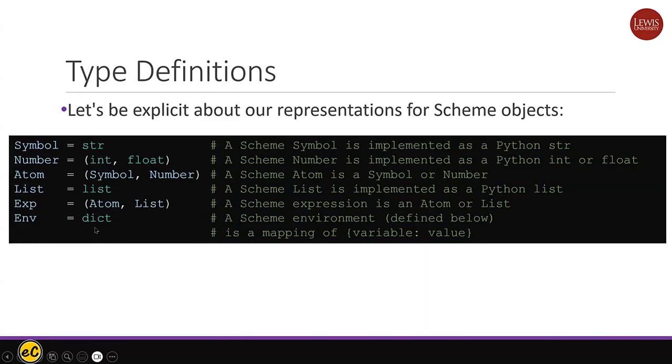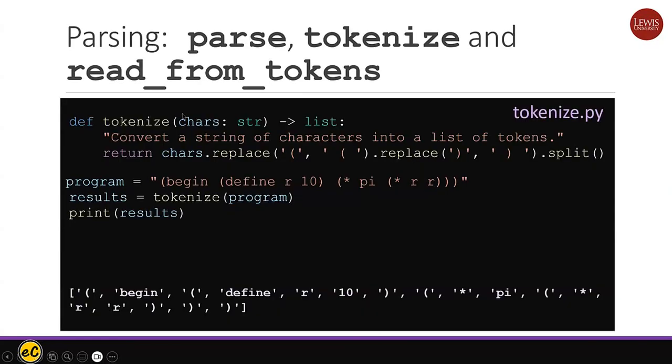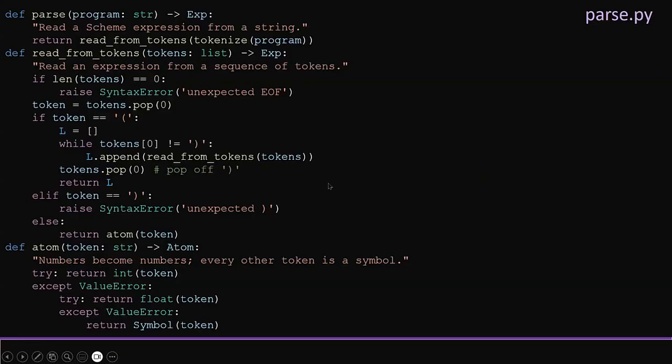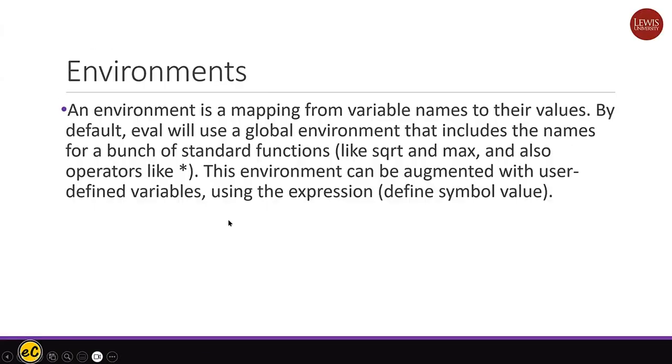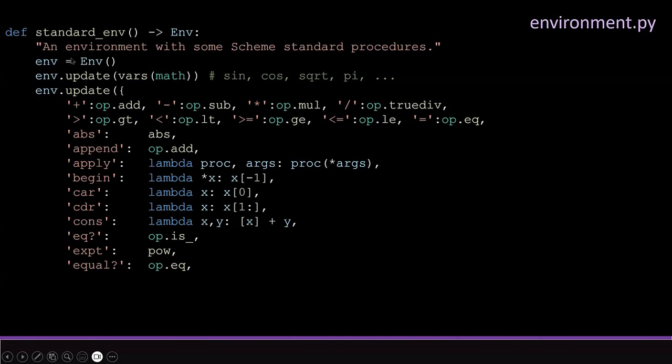And then environment is your dictionary of everything, a simple table. And then you define your tokenizer, a parser, and your environment to store everything.